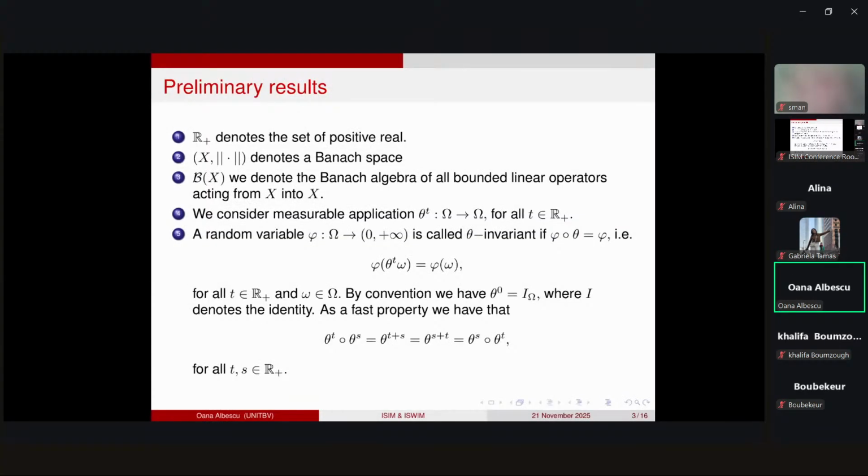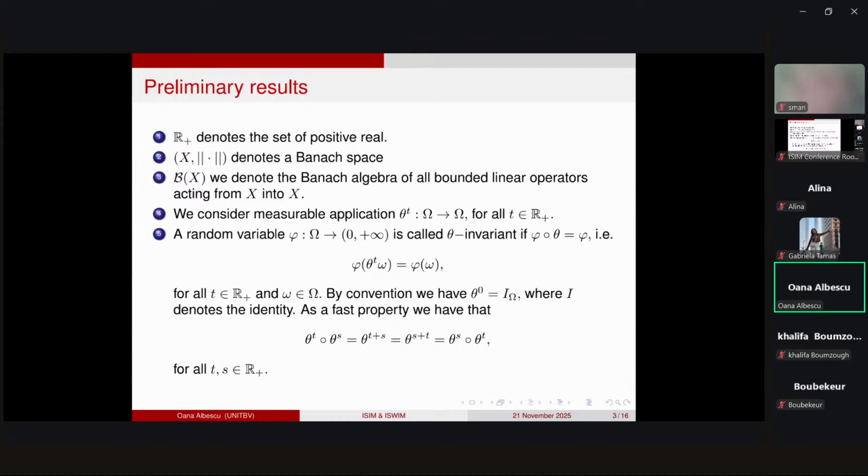Now, let me introduce shortly the basic notation and the framework we will work in.